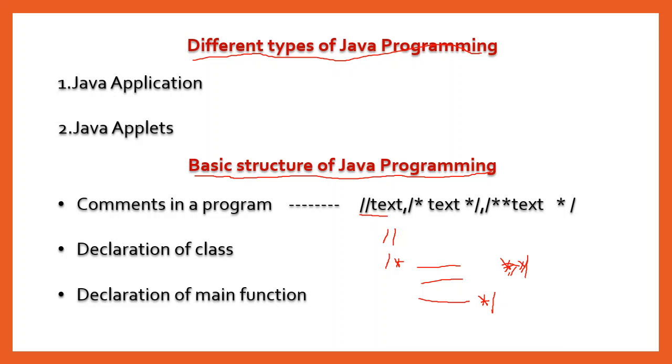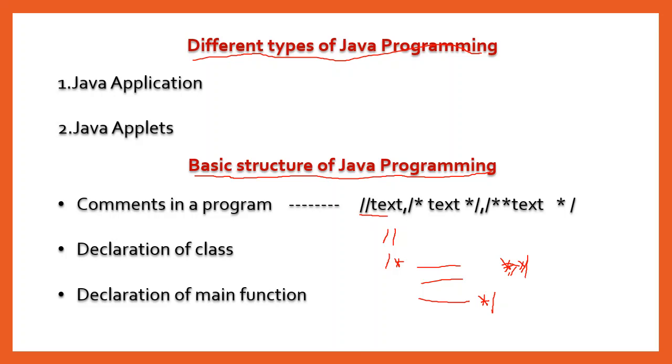Public followed by the keyword class, followed by the class name. Usually you will start the program with the keyword public followed by the keyword class followed by the program name.